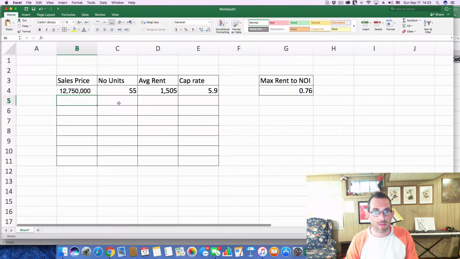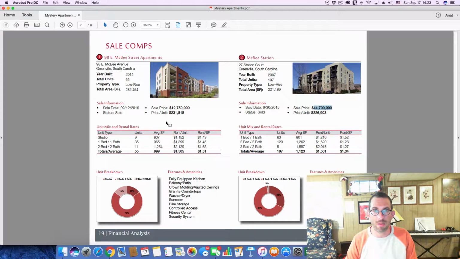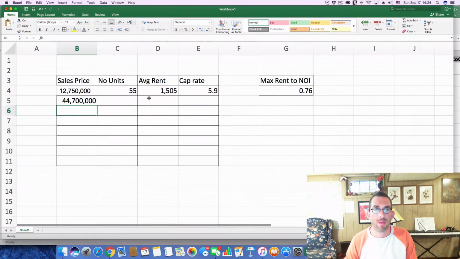Okay, we go here and we stick in that price, and no, where do we want to go? Over here? No, we don't want to go over here either. We want to go over here, and then we want to grab the number of units and stick that in here.